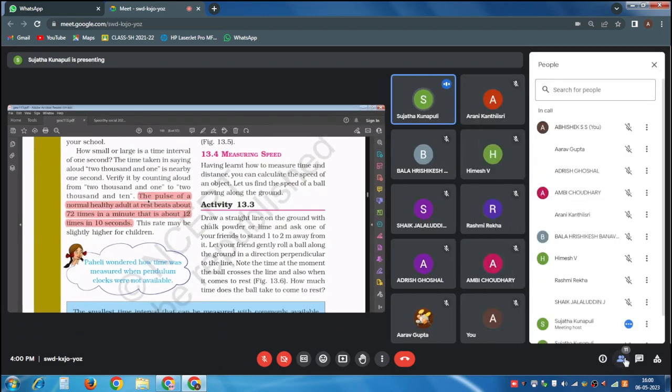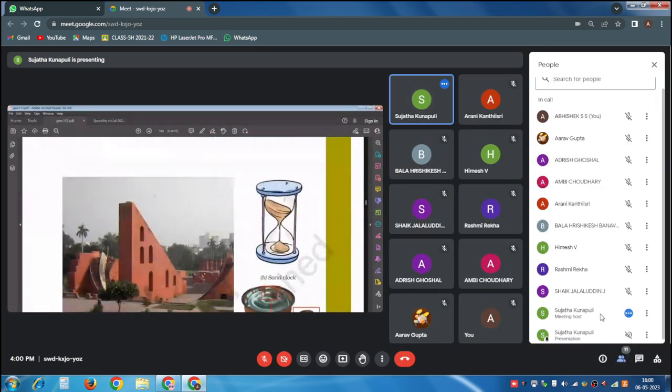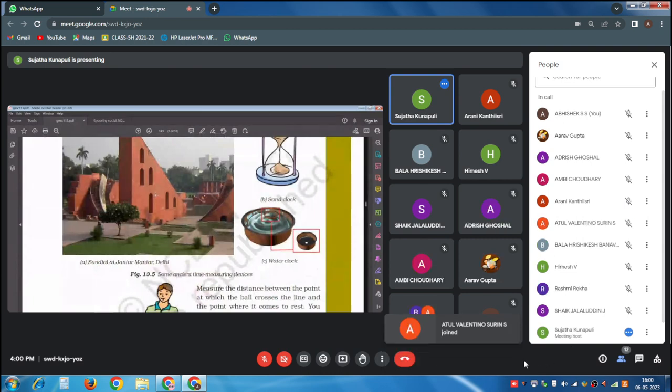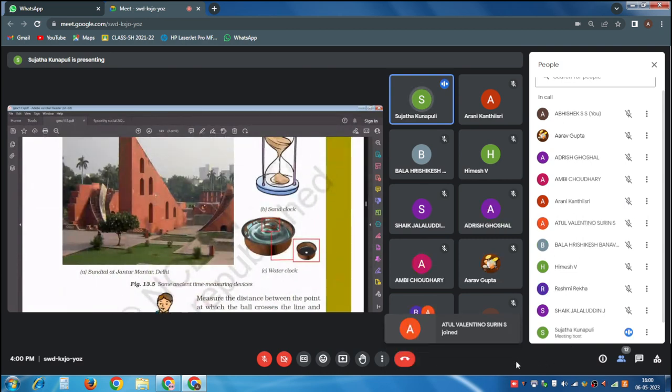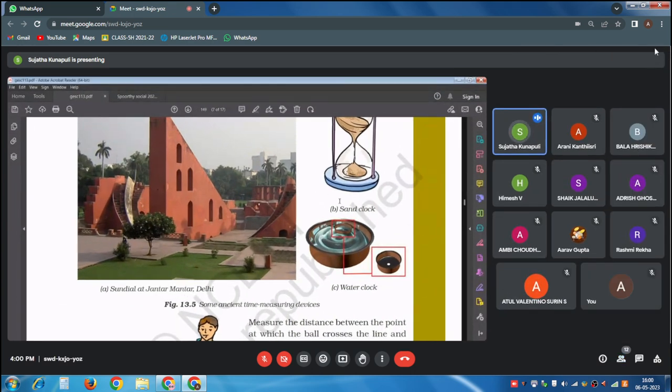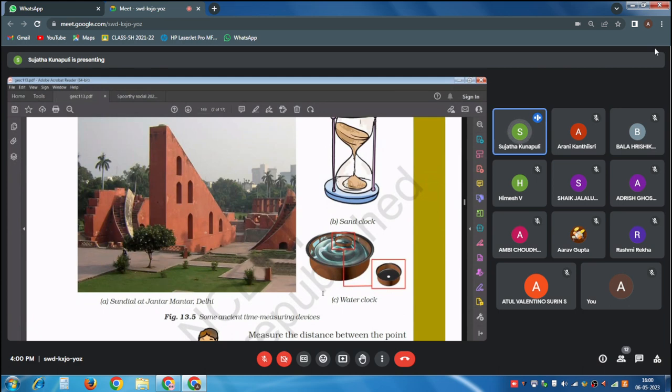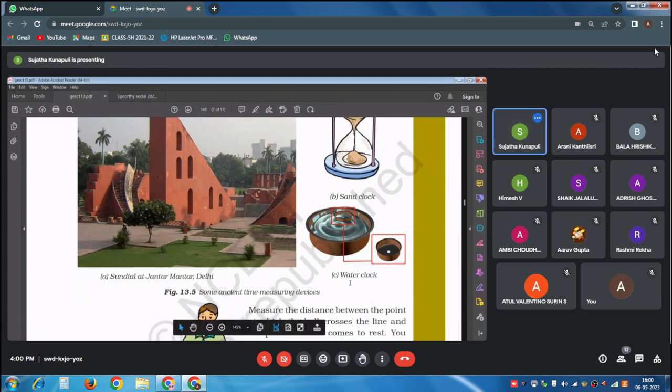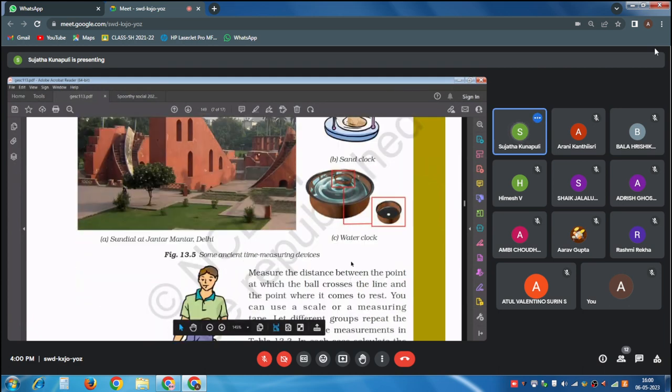Now check what are sundials. This is one sundial, the sundial at Jantar Mantar. This is a sand clock and this is a water clock. Before we had the pendulum, we used these instruments to tell the time.